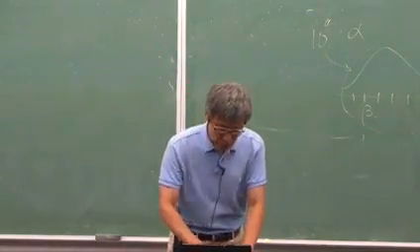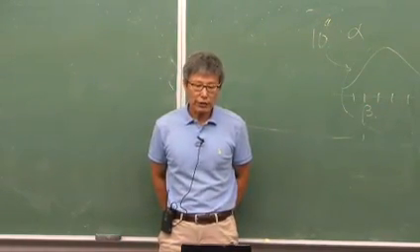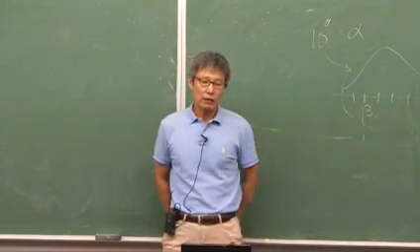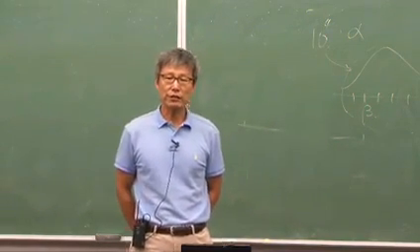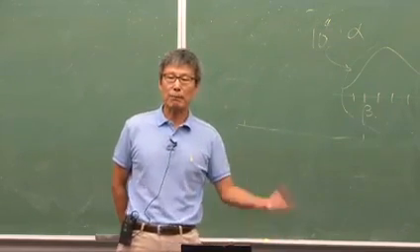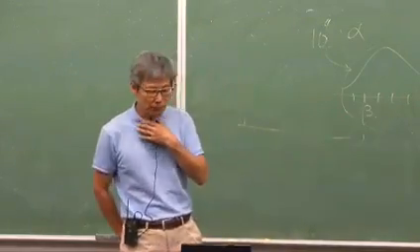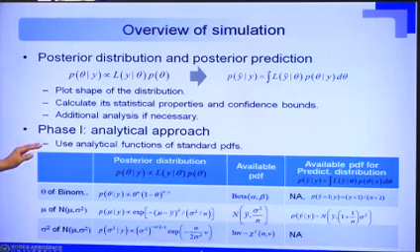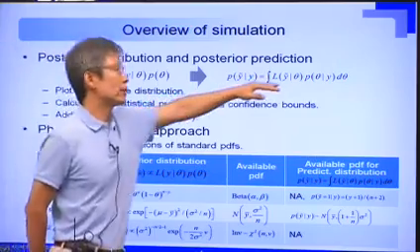So next is about the simulation, computation. We mix these two words and they have the same meaning. When we say computation in statistics, that means a kind of sampling. So sampling, computation, simulation have a similar meaning here. The essential parts of Bayesian analysis were these two: the posterior distribution and the posterior prediction.